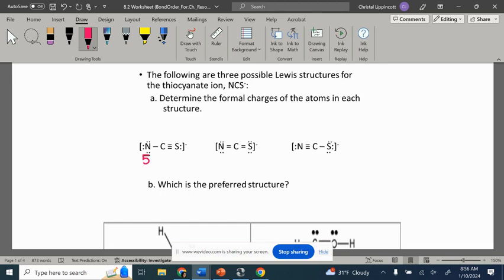Now we're going to count how many it actually has. So this is my should minus what we're calling has. Okay, so I'm going to count these. 1, 2, 3, 4, 5, 6. And this line only counts as 1. So that is 7. The only time that line only counts as 1 is when we're doing formal charge.